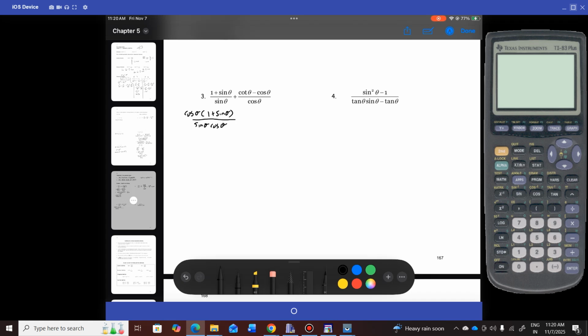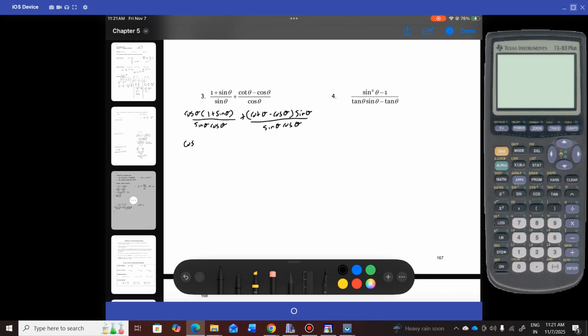And then the other fraction I multiply by sine over sine. So (cotangent theta minus cosine theta) times sine theta over sine theta cosine theta. Okay. Then on the top I'm going to distribute as I put this into one fraction.